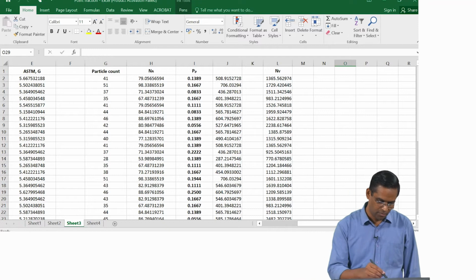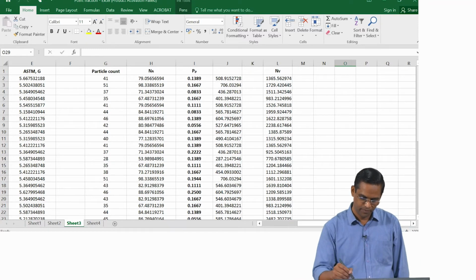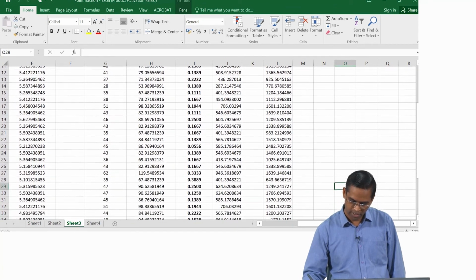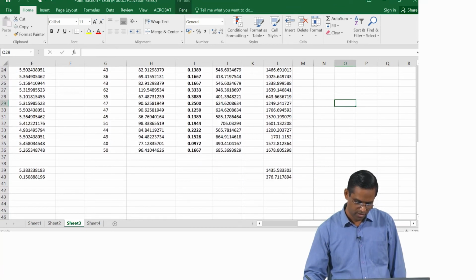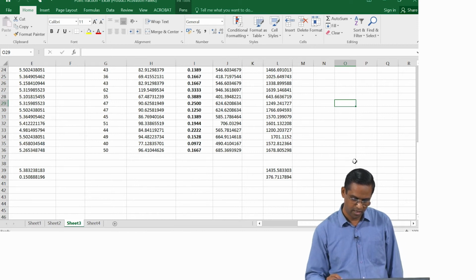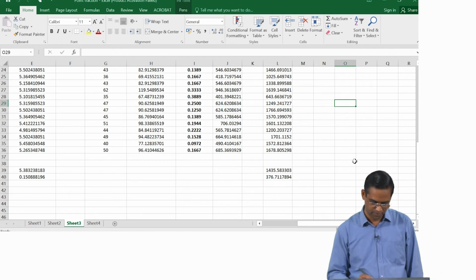You can see the particle counts Na and then finally Nv. I get an average number of particles of about 1435 and the standard deviation is about 376.